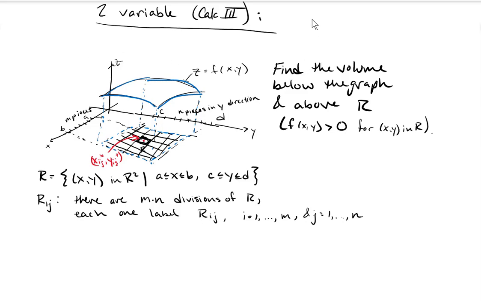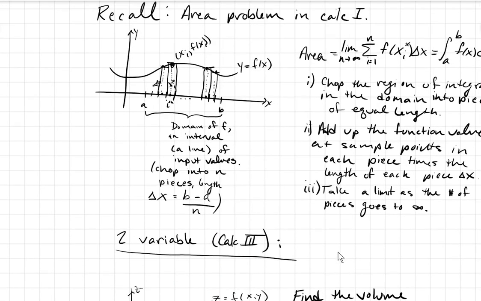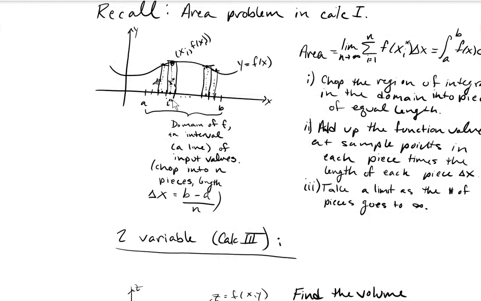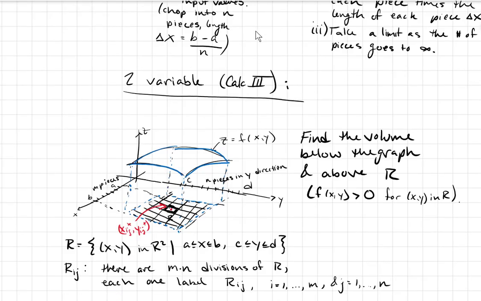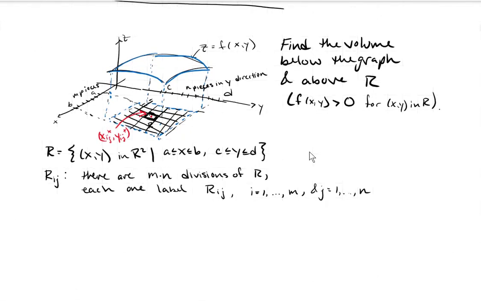Just like we named the sample point up here based on a subscript indicating which little piece it came from and a star indicating that it's a sample point. Usually when we leave off the star, that's referring to these divisions themselves. A sample point is between some of those divisions potentially. So we put a little star on it to specify.